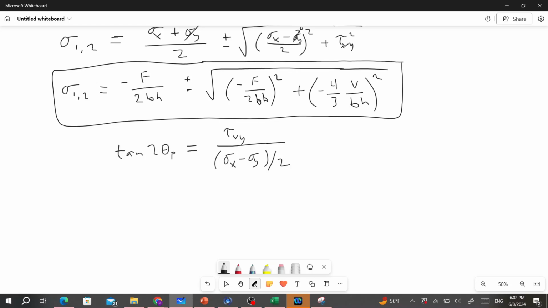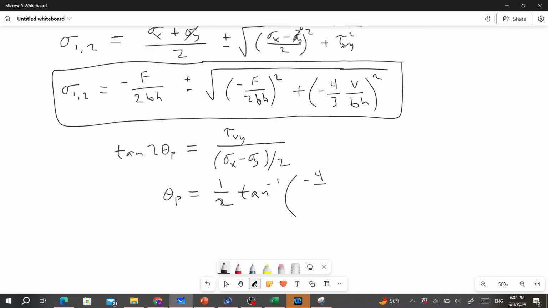So theta p is equal to 1/2 arctan of tau xy. Here's where the sign actually does matter.